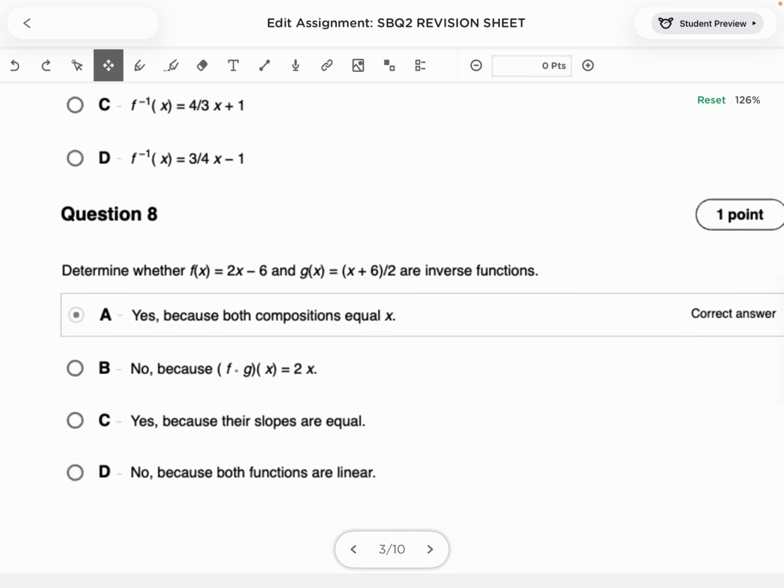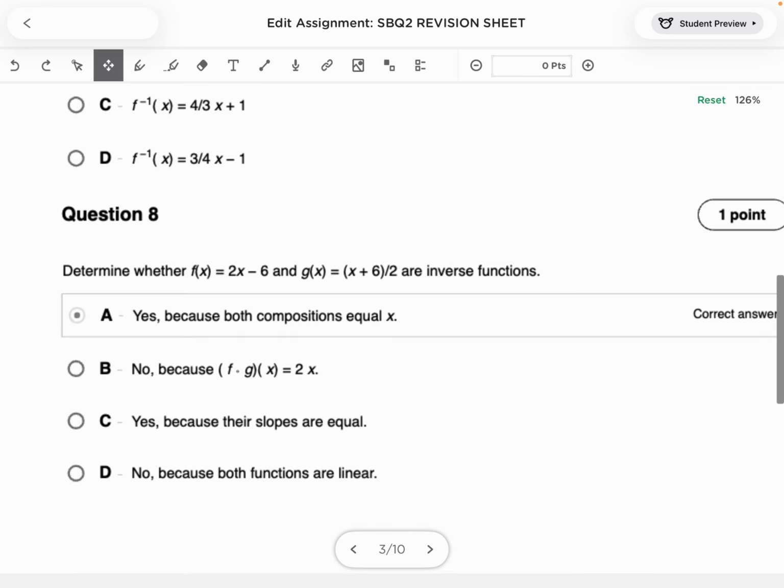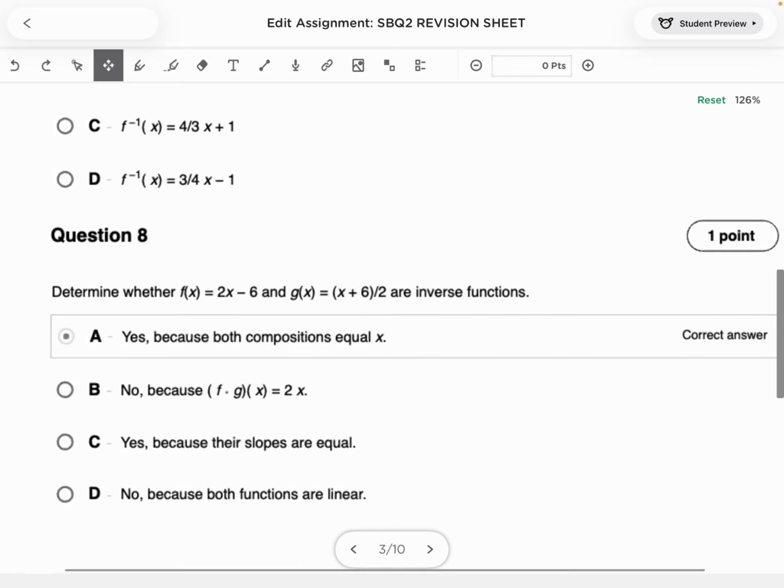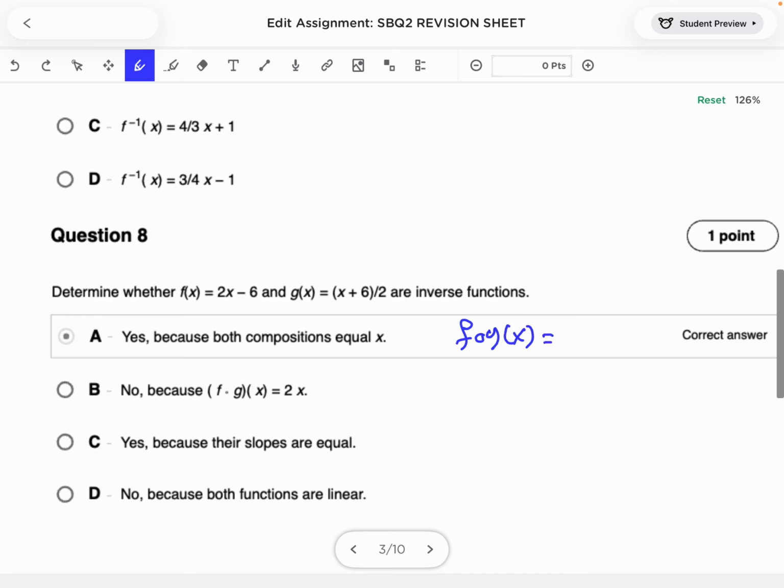Question number 8, determine whether f of x and g of x are inverses to each other. How would I know? If f of g of x equals g of f of x, or both of them are equal to x. The first thing, I will put the whole value of g instead of this x.